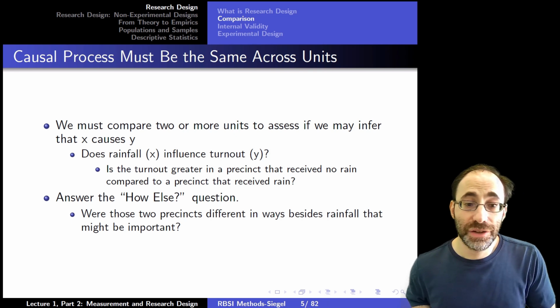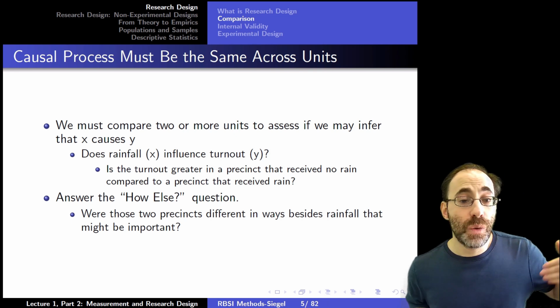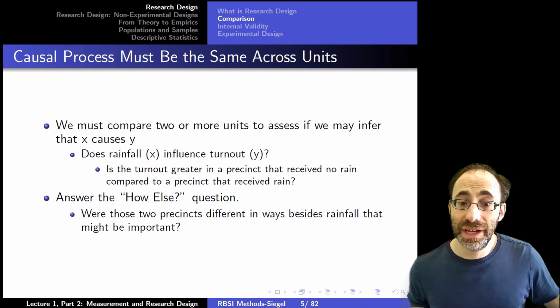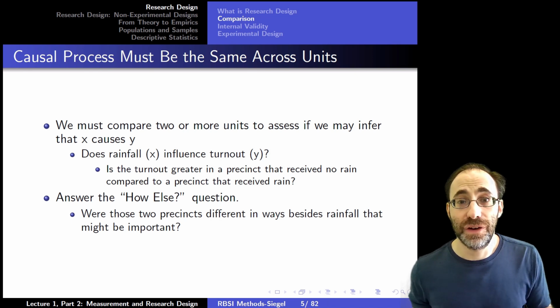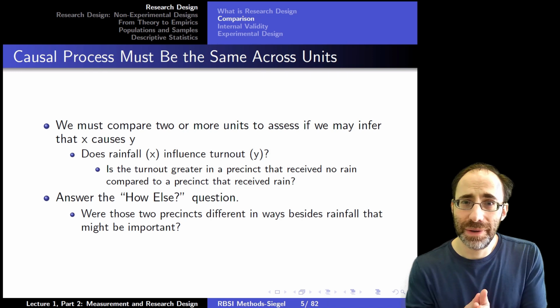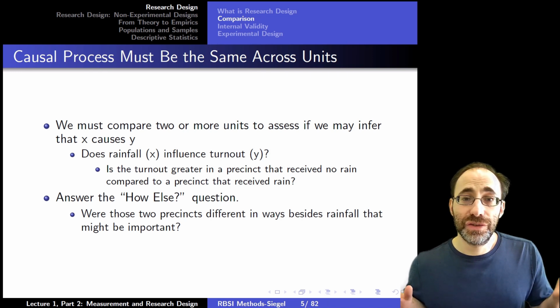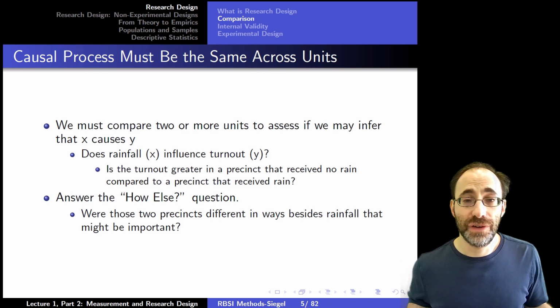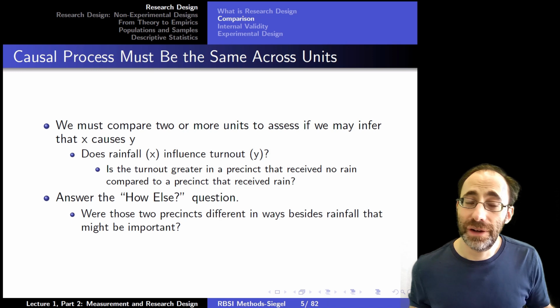We also must ask, though, the how-else question. Were those precincts different in other ways besides rainfall that might be important? If we have two precincts, one of which has rainfall and one of which does not, we want to attribute the difference in turnout to rainfall.